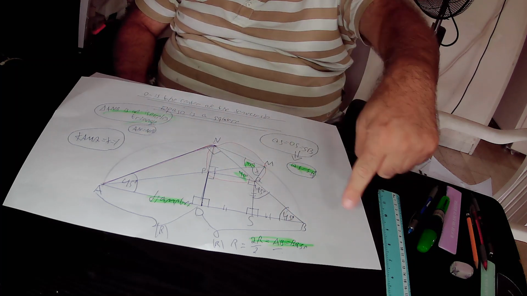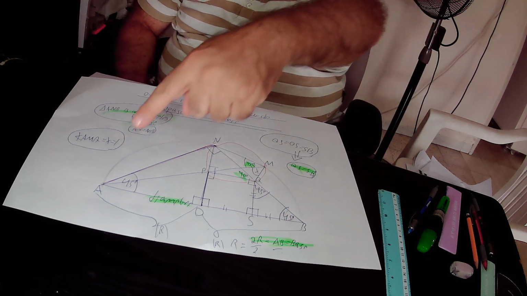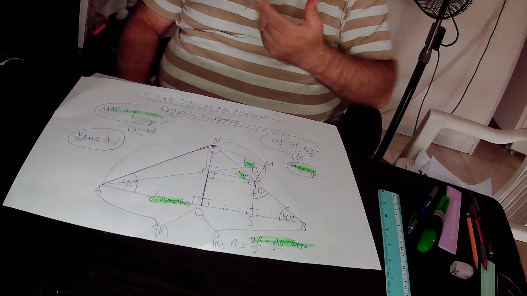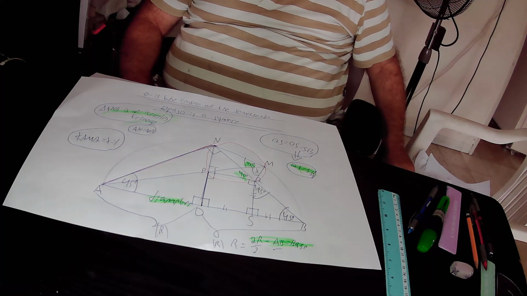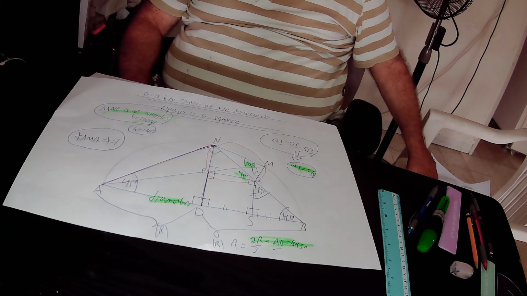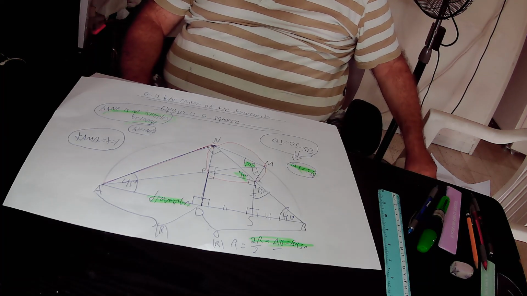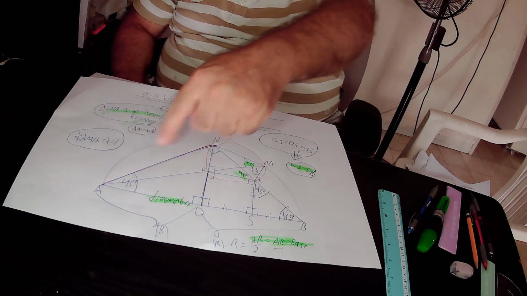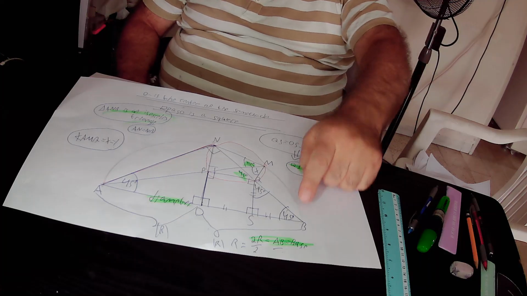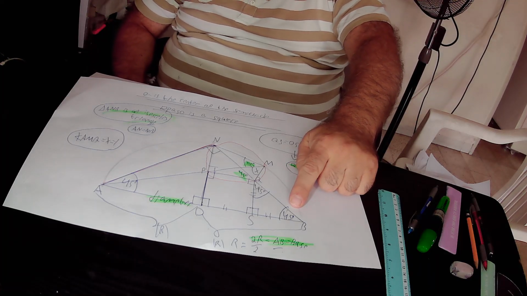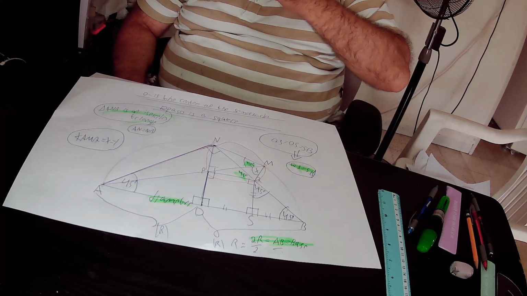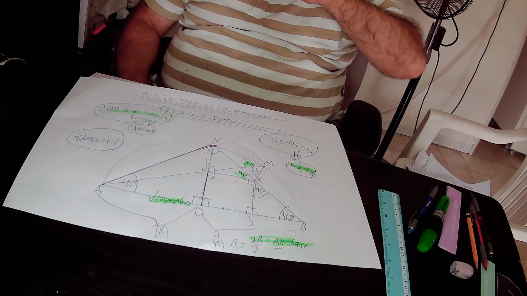Peripheral angle ABN subtends chord AN, and peripheral angle AMN also subtends the same chord AN. According to rule 16, if two or more peripheral angles subtend the same chord, they are equal to each other. Those two peripheral angles that subtend chord AN must be equal to each other. But this angle equals 45 degrees, and therefore this angle must also equal 45 degrees according to rule 16, because they subtend the same chord AN.